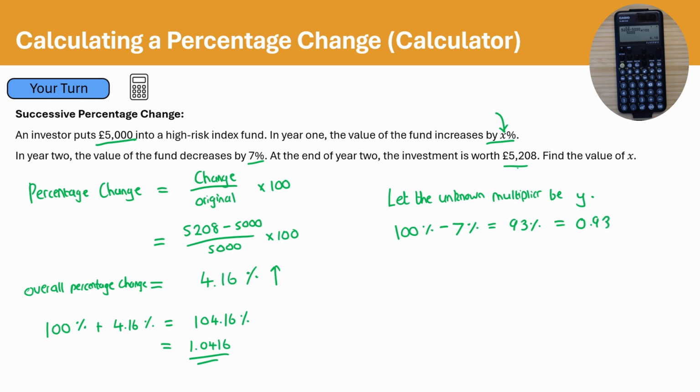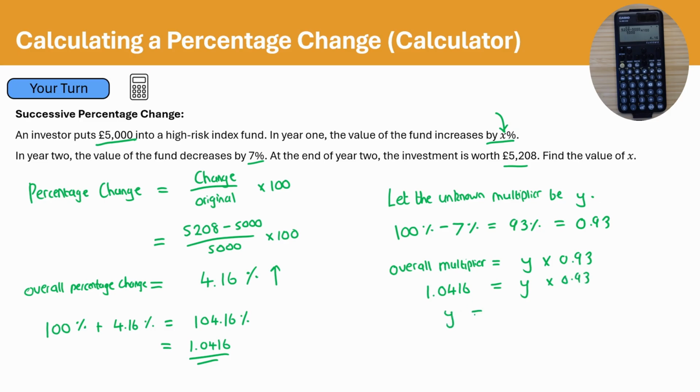And at the end of year two, the investment is worth this. Find the value of X. So what we've got going on here is our overall multiplier is equal to our first multiplier, which we've said is Y, multiplied by our second multiplier, which was the 0.93. We know our overall multiplier is 1.0416. That's equal to Y multiplied by 0.93.